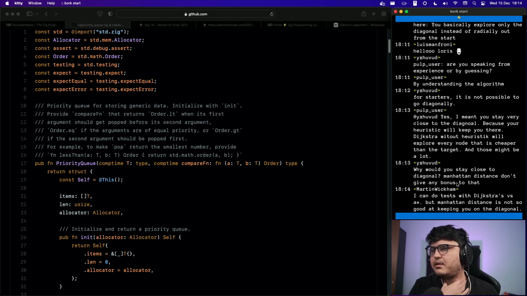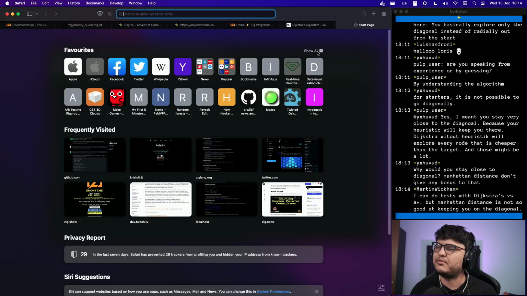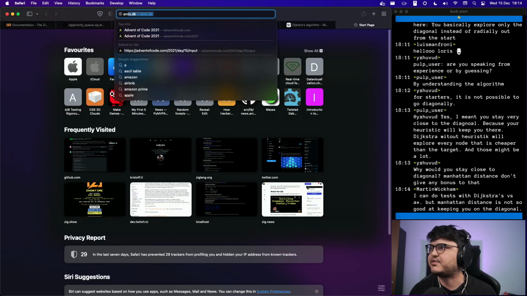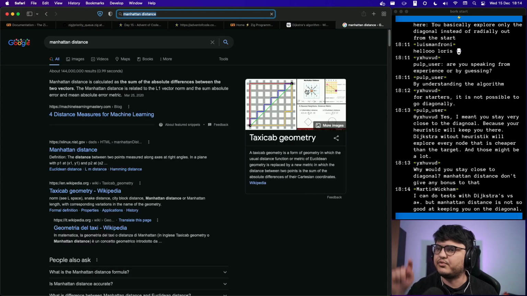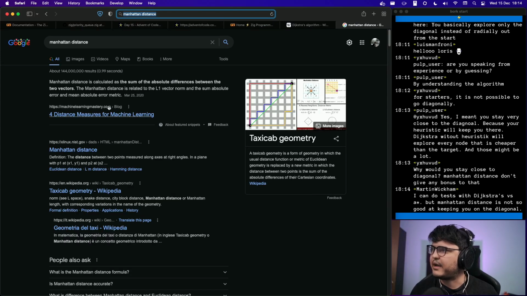Well, I mean, you can cheat a bit, right? Wait, let me double check what exactly the Manhattan distance is, how it's calculated. Is this really the sum of the 2 sides of the triangle? Taxi cab geometry.